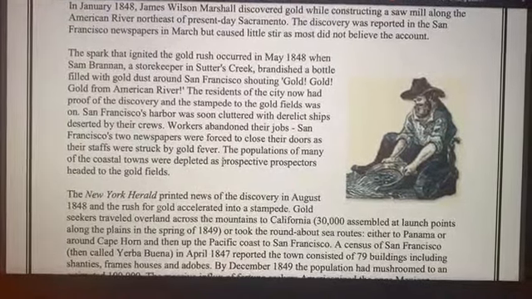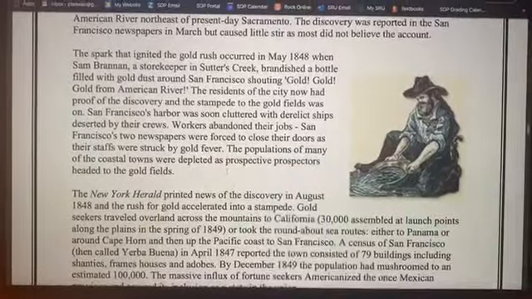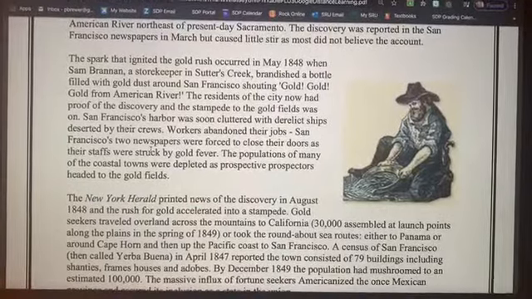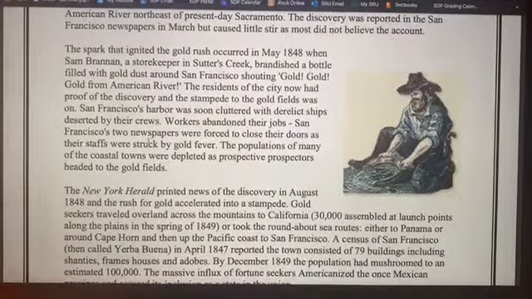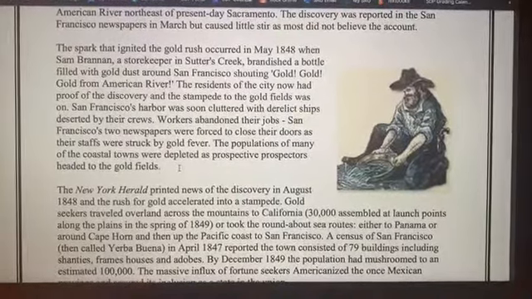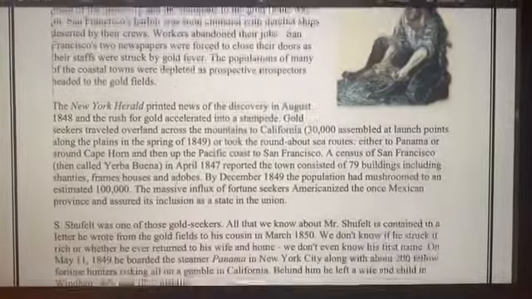San Francisco's harbor was soon cluttered with derelict ships deserted by their crews. Workers abandoned their jobs. San Francisco's two newspapers were forced to close their doors as their staff were struck by gold fever. The populations of many of the coastal towns were depleted as prospectors headed to the gold fields.